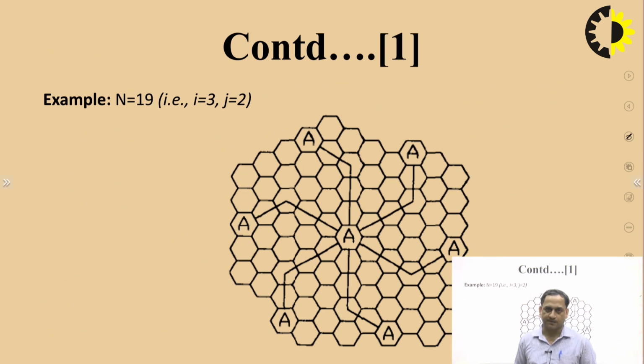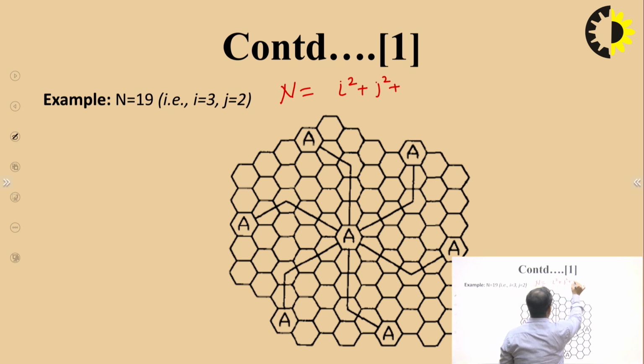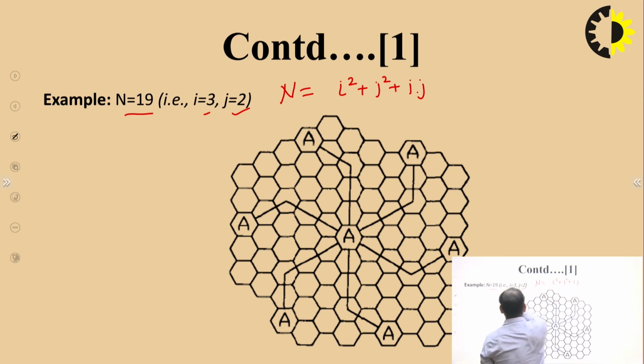Here is an example where N is equal to 19. As we said before, N is nothing but i square plus j square plus ij. In this case, when i is equal to 3 and j is equal to 2, we get N equal to 19.